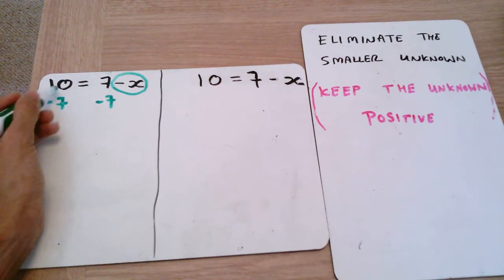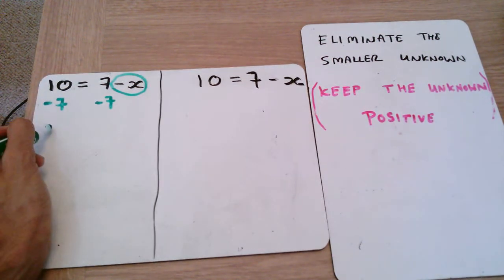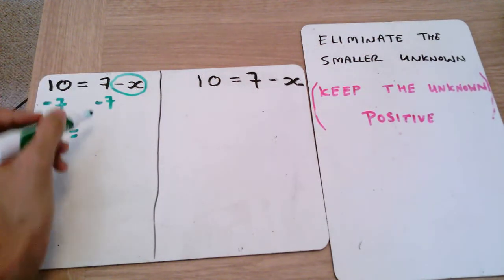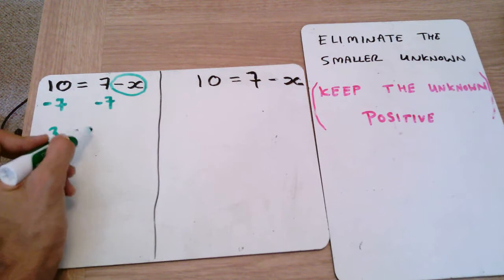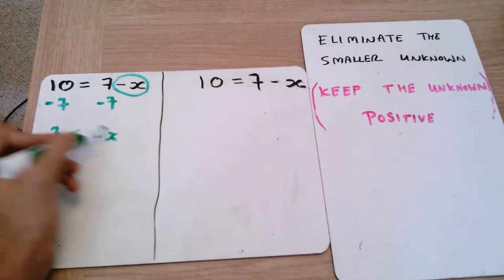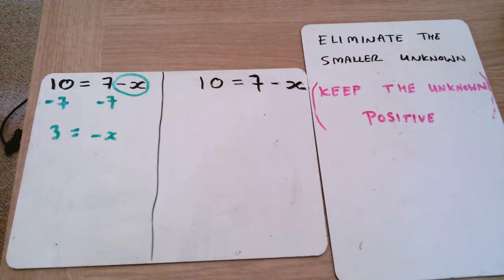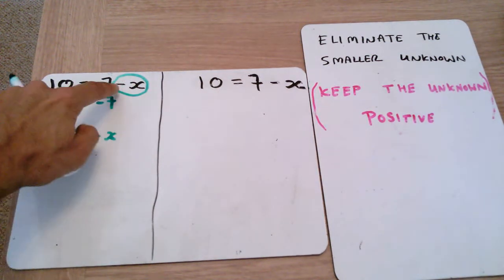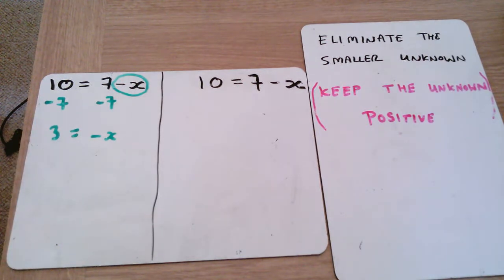That will give me 10 minus 7 is 3. 7 minus 7 cancels out, that's 0, and it leaves me with minus x. So 3 is equal to minus x. A very common mistake is to write just x, but there is a minus here, so it's minus x. But I don't want minus x, I want the value of x.